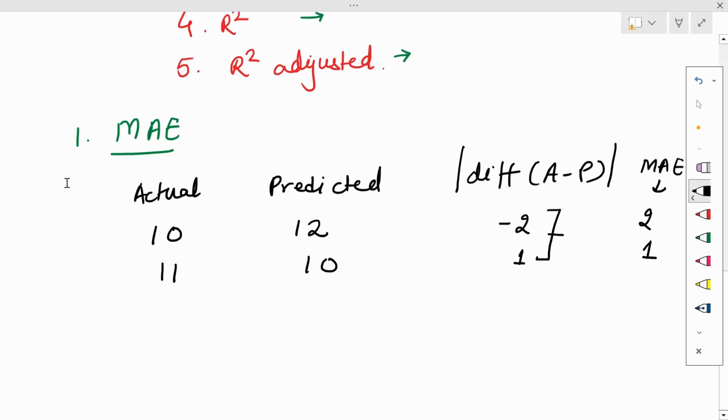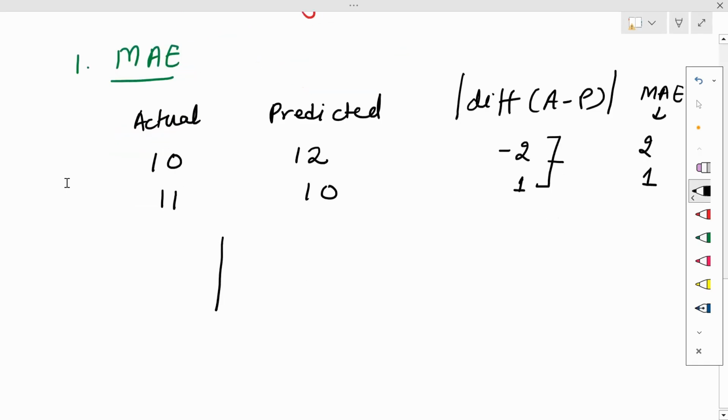If we want to visualize this, it is something like this. So let me try to draw it again. If these are the data points and this is the regression line, now we can see that for this particular point, this is the actual Y value, but this is the predicted Y value. So this is the difference between actual and predicted value.